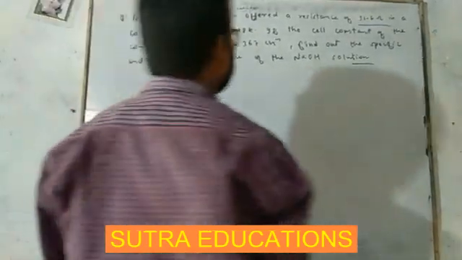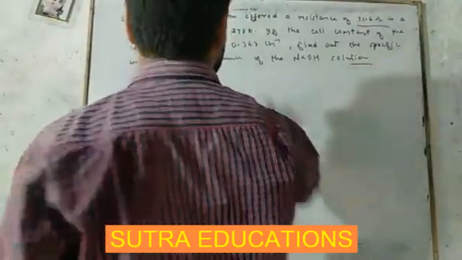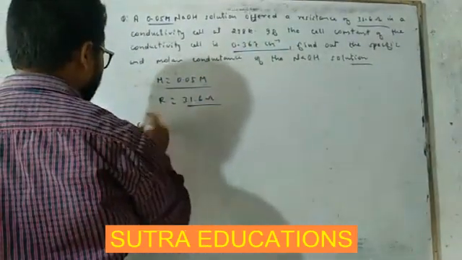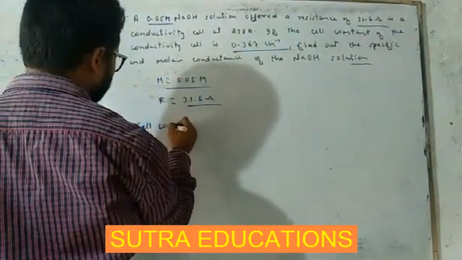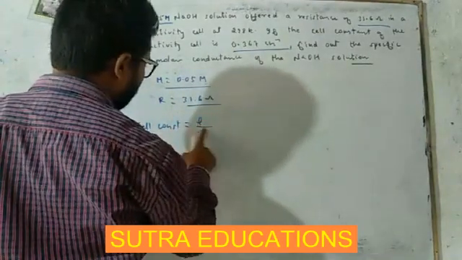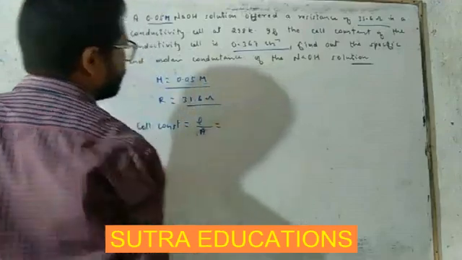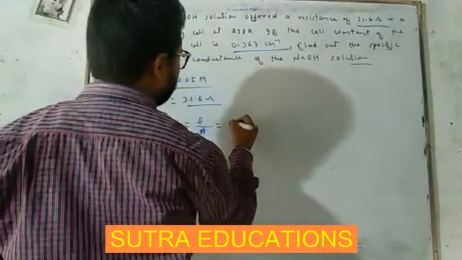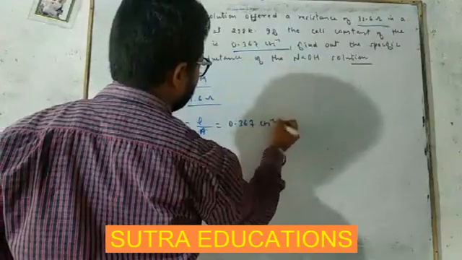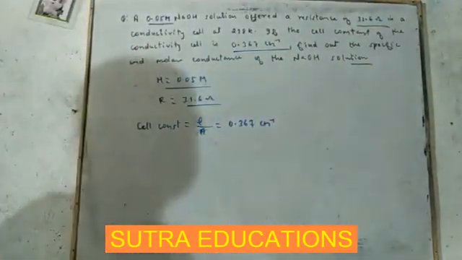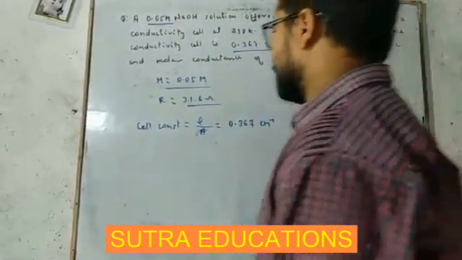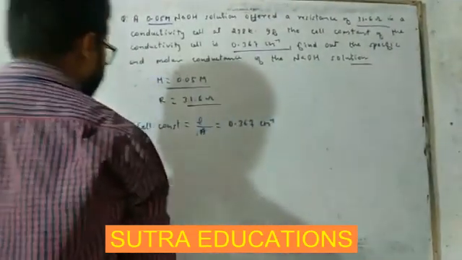The cell constant of the conductivity cell, which is L by A, is given equal to 0.367 cm inverse. We have to find specific conductance and molar conductance.